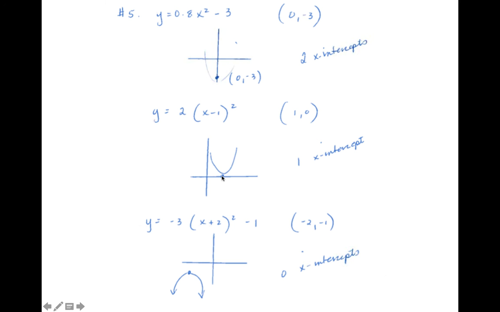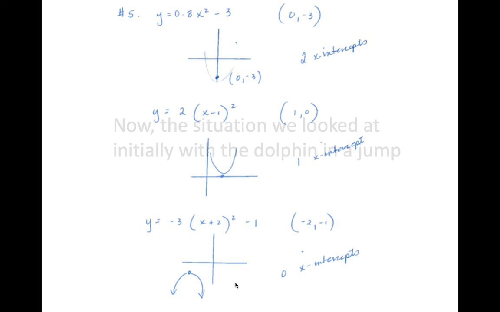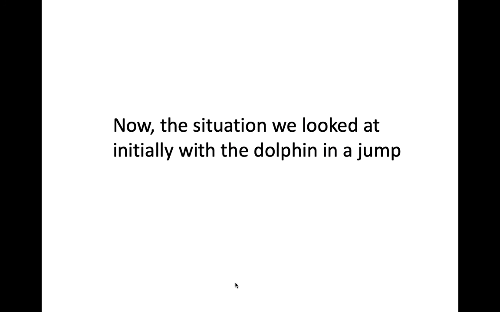So here I have a 1 and a 0. It's opening up and touching that (1, 0), so it has 1 x-intercept. And lastly, it has a vertex of (-2, -1), and it's opening down because of the negative, so it will not have any x-intercepts.